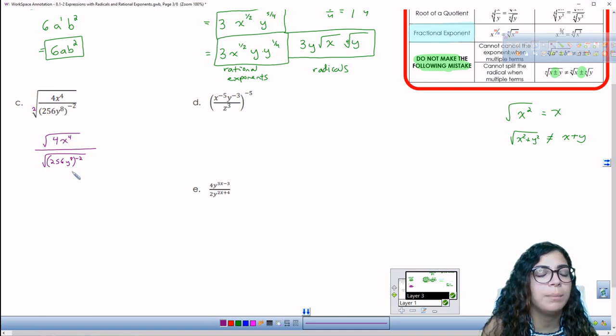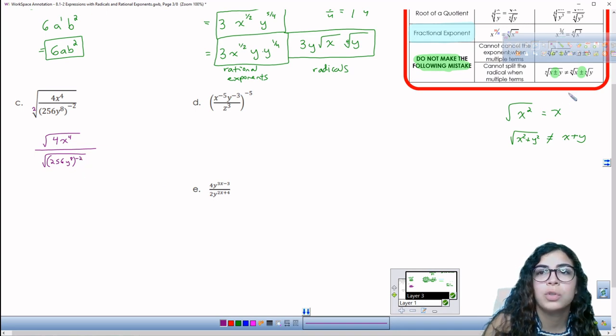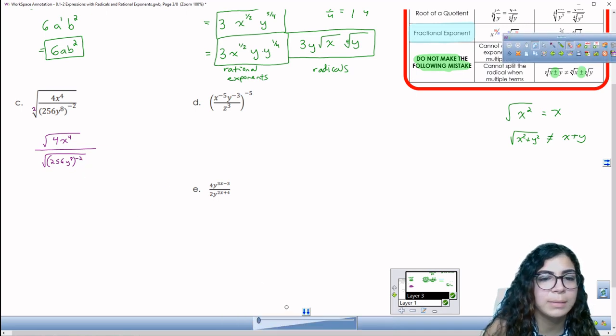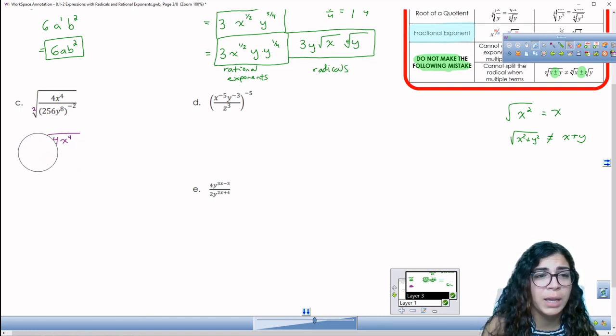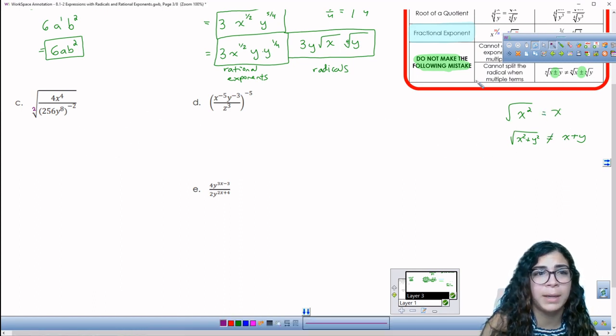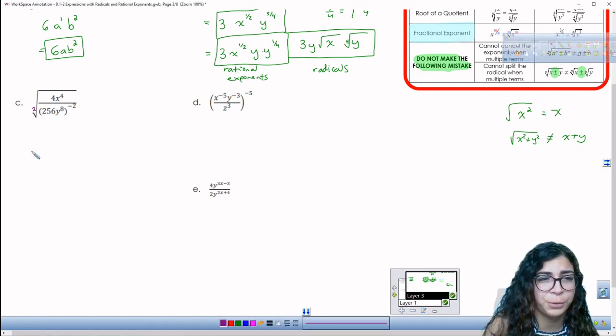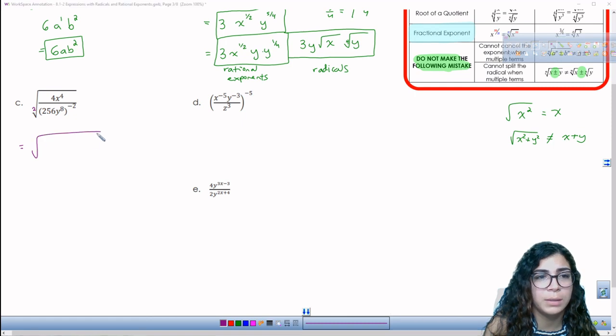And you know what? I just realized that that power is negative. So let me take a step back and move that to the numerator because it's going to get a little bit confusing if I don't simplify that on the inside first. So I'm going to move that to the numerator.